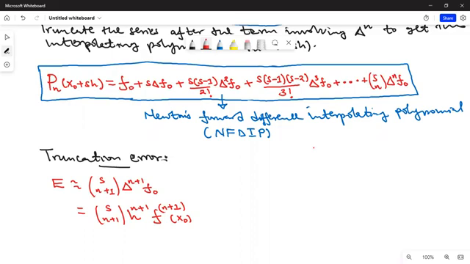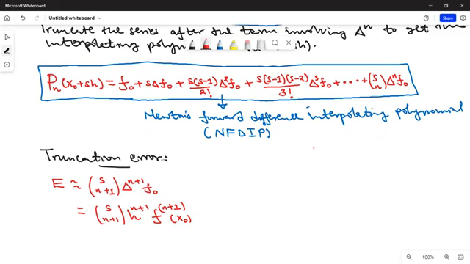That is what the error is approximately equal to. You know h is the step size, the spacing between the tabular points. f is the function that you have been given, f of x, and you evaluate that at x naught.